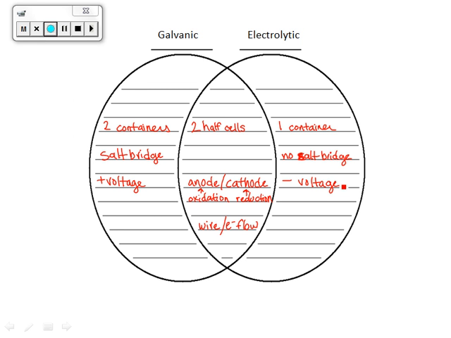So a galvanic cell, when we say positive voltage, that means it's producing current. So we can say that it is a battery. A galvanic cell. Those ones that we've been looking at so far. Those are producing current. And the amount they produce depends on what metals you use.